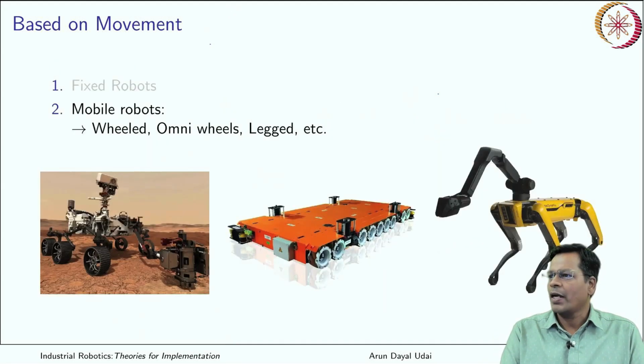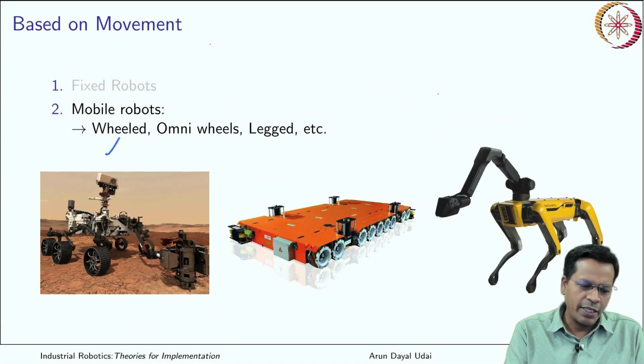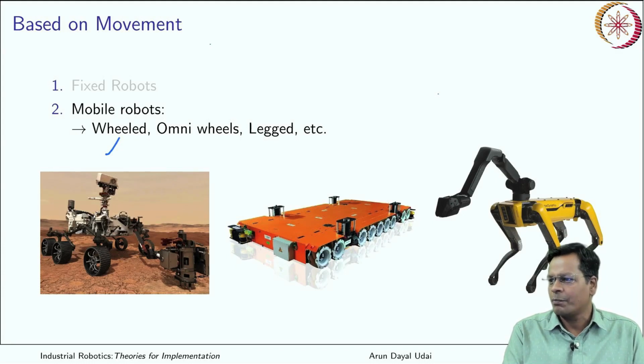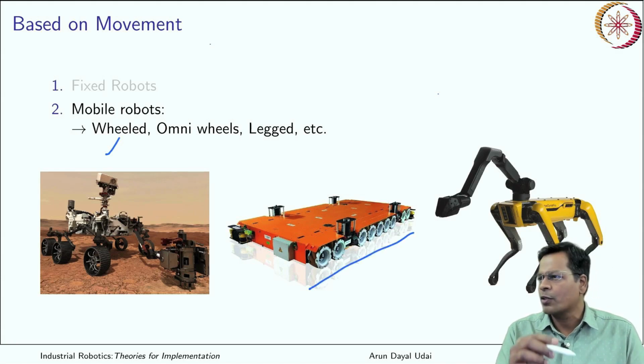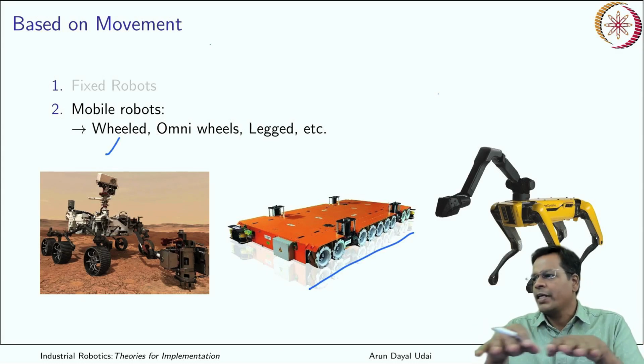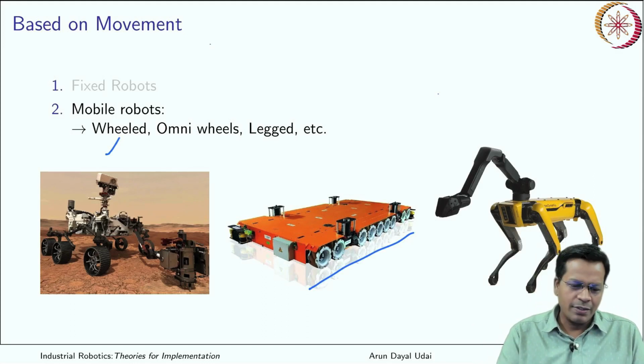And then you have mobile robots which may have wheels. The one which is here is a Mars rover, right? It has wheels, and even this one has wheels. This is the Kuka Omni robot, which has multiple Omni wheels, which makes it move along the XY plane anywhere, right? And this is again a legged robot, normally a quadruped, and it has an arm also.